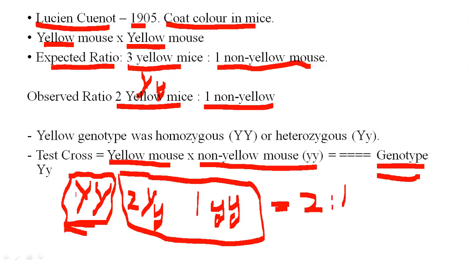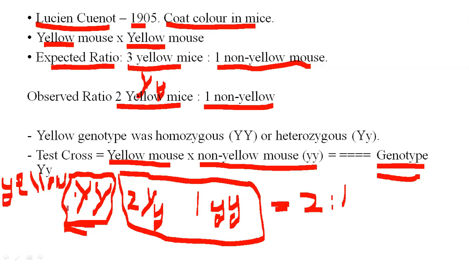Now, this allele, capital Y, was dominant and should produce yellow color. But why did it die? Because it produced lethality.